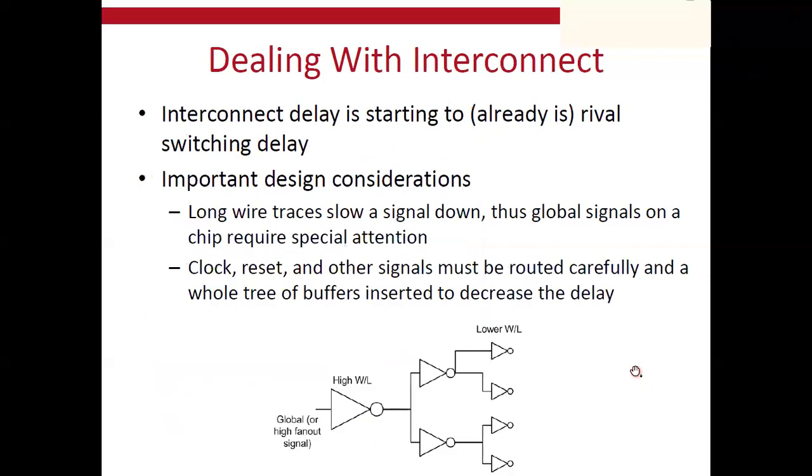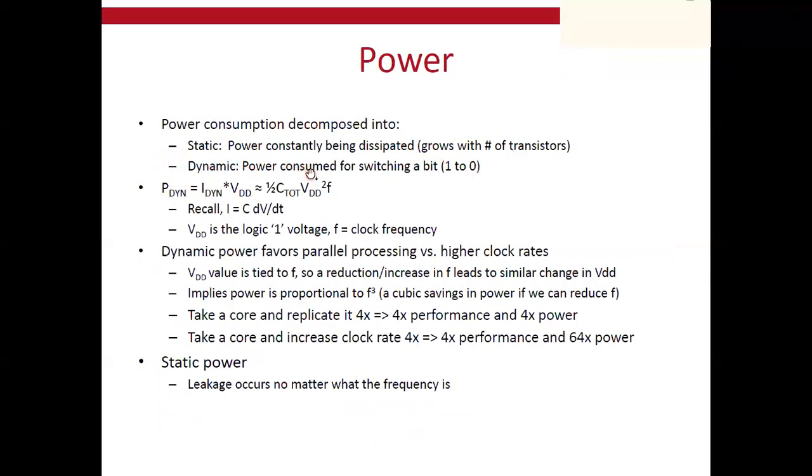Simply, the dynamic power can be calculated with this relation: it's half C_total, which represents the total capacitance seen by the circuit, times VDD squared times f, where f represents the clock frequency. So you can see from this equation two extremely important factors. The first, which is a very logical conclusion, is that the higher the capacitance, the higher the dynamic power dissipated in your chip.